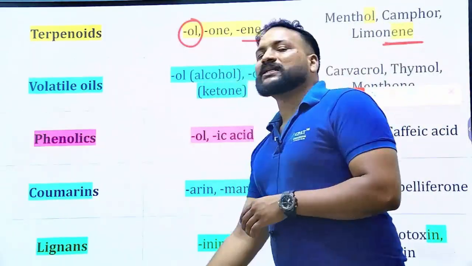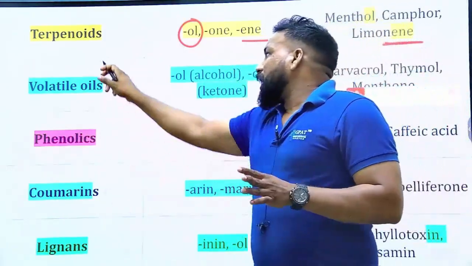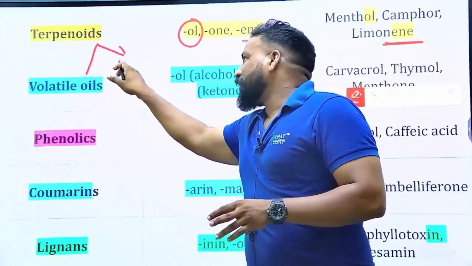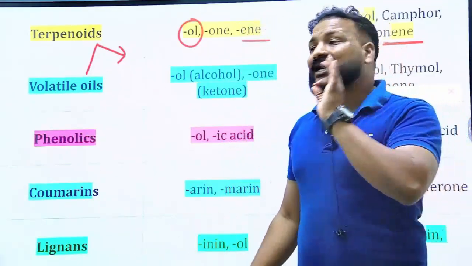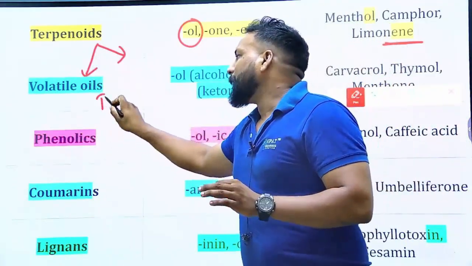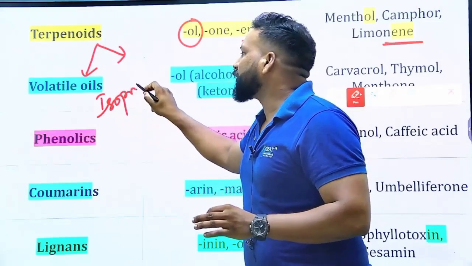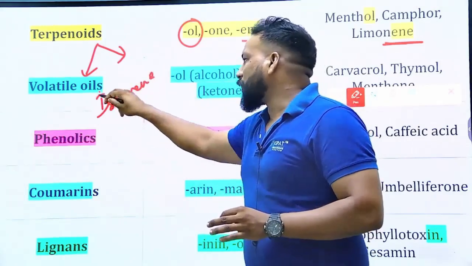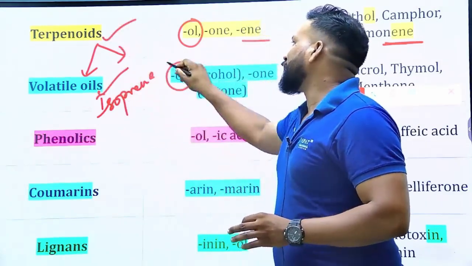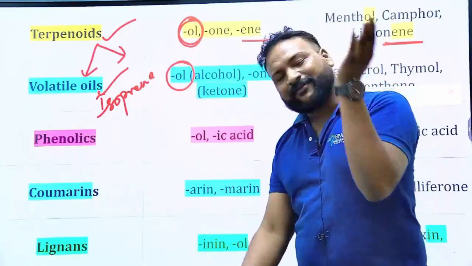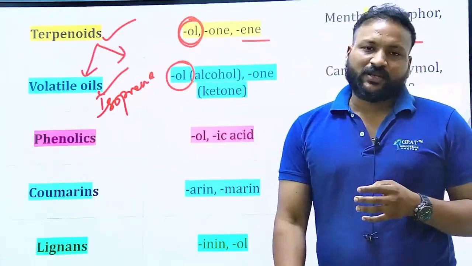Ol. Obviously volatiles, terpenoids, phenylpropanoids, these are coming from one basic unit, that is nothing but isoprene. That's the reason volatiles and terpenoids have ol, because they have the same formula, same structure.